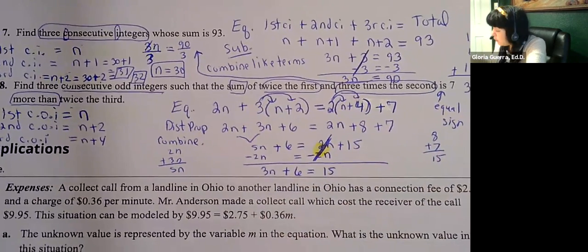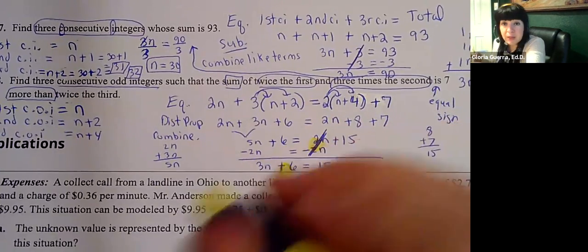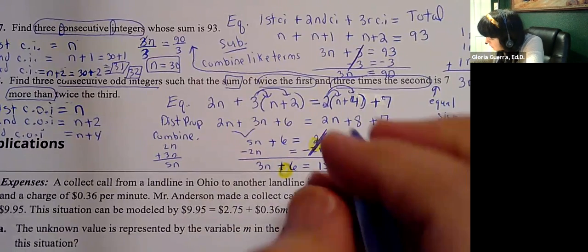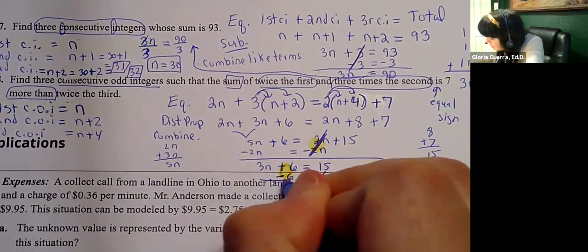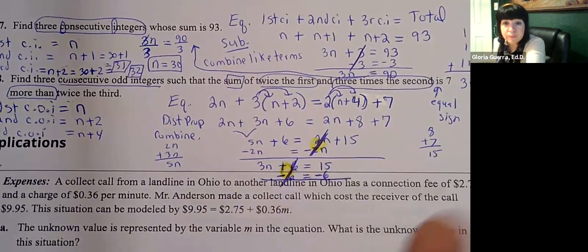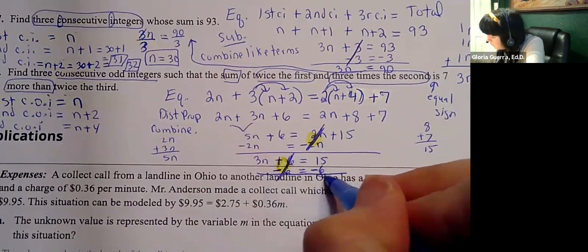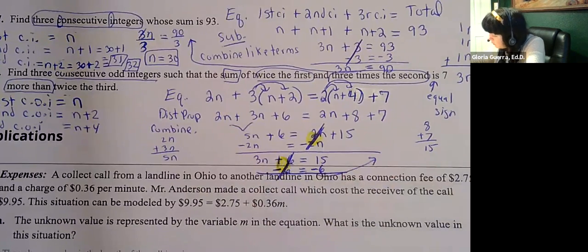But now I'm going to use the subtraction property. Now I'm going to move 6. So the opposite of 6 is take away 6. Take away 6, and then the 6's fall out.